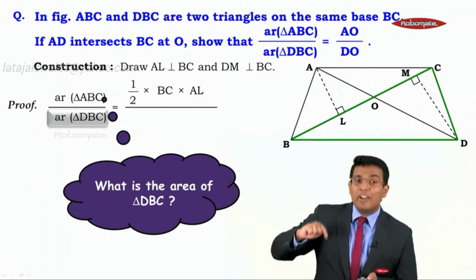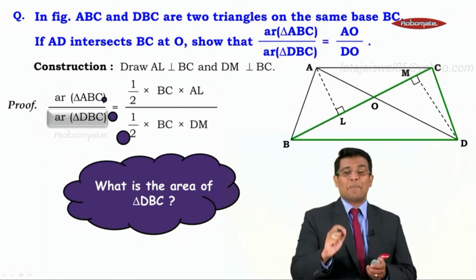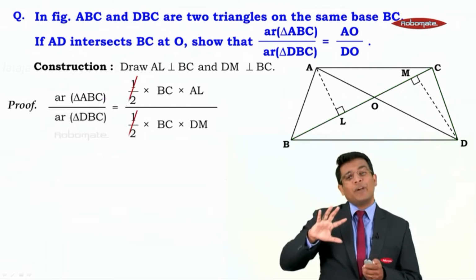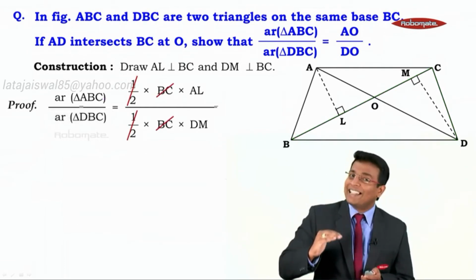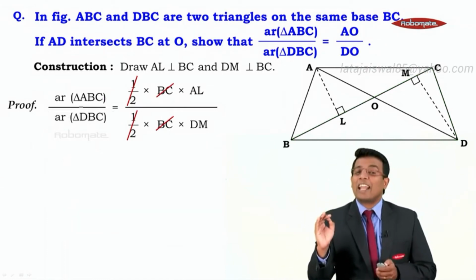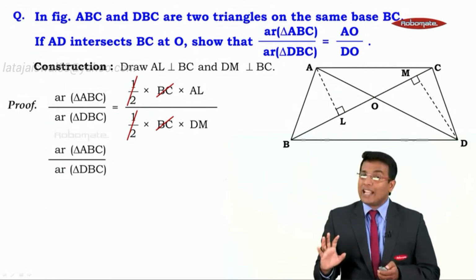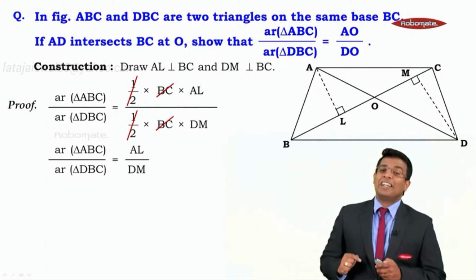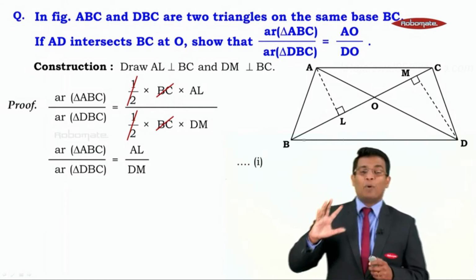It is half into BC into DM. Is this much clear? So we got the areas of both the triangles. Now what do we do here? Half and half gets cancelled. BC and BC gets cancelled. So what do we get? We get area of triangle ABC upon area of triangle DBC is equal to AL upon DM, right? And let's say this is going to be our result number 1.